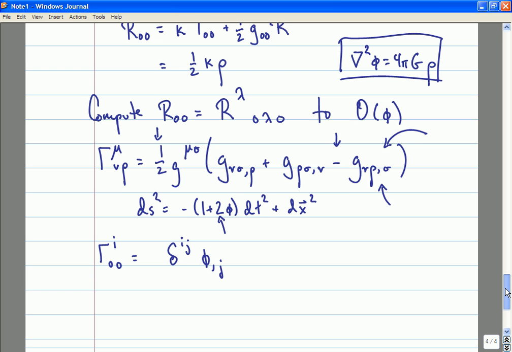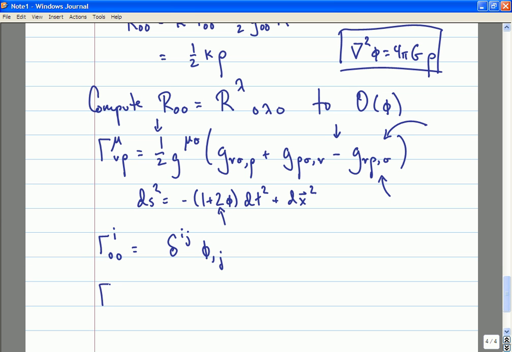Likewise, the term gamma 00i will be non-zero. What will that be? There you'll get just phi,i. That's a similar argument, because this term will be non-zero, and there'll be a minus sign coming from g00, that's eta 00, working to leading order in phi.